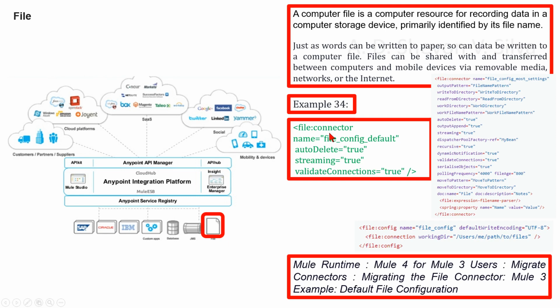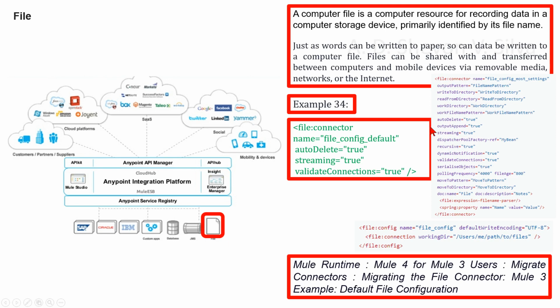By default, the file connector sets auto deletion, streaming, and validation of the connector to true. Here is the Mule 3 example default file configuration. The connector configuration also provides the settings for reading, writing, and moving files, among many others. The next example shows most of the Mule 3 settings available in the file connector.